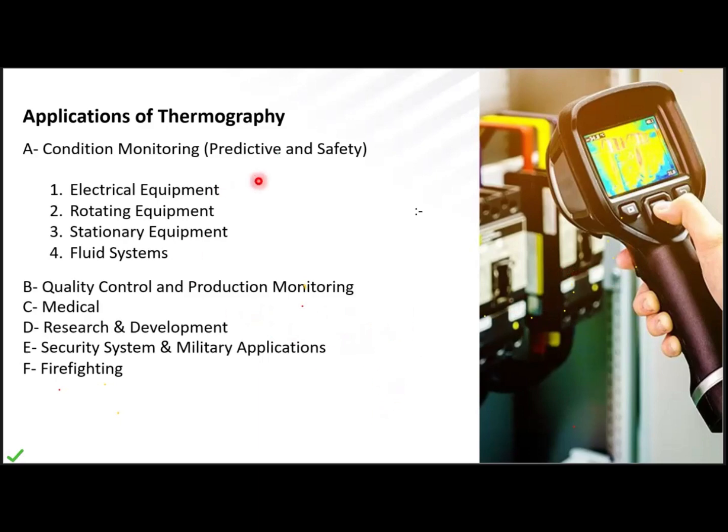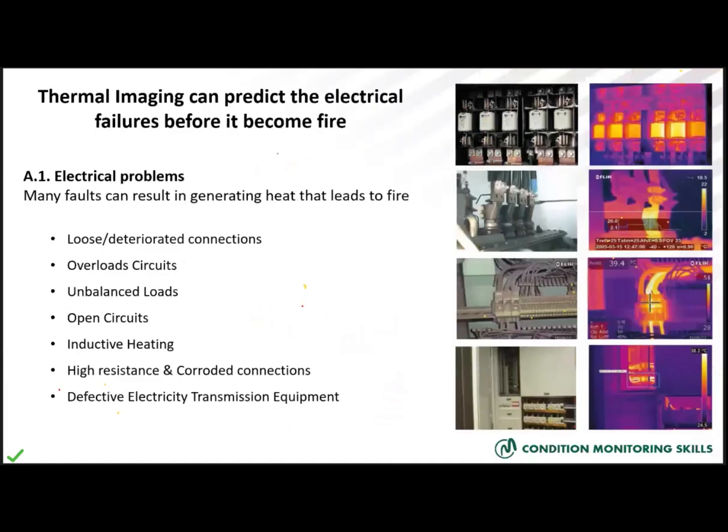Now we are going to focus on the condition monitoring applications of infrared thermography. Thermal imaging can predict electrical failures before they become a fire, before they become a big problem.